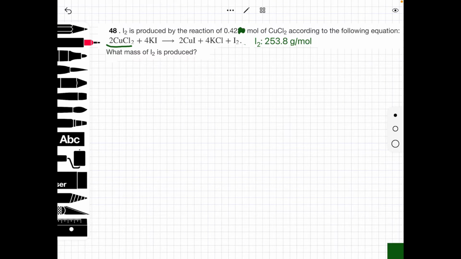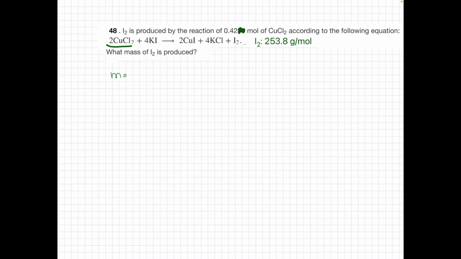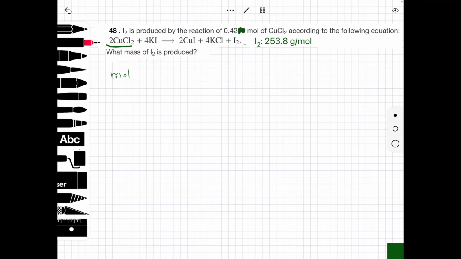So the plan is changing from moles of copper 2 chloride into moles of iodine and then into grams of iodine.